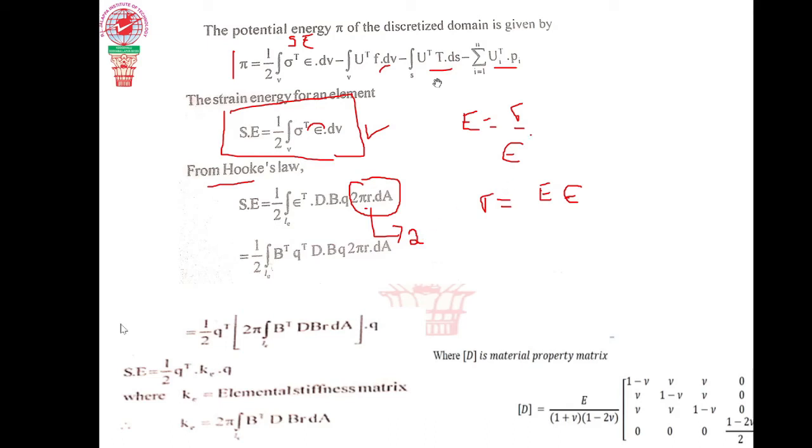What is the cross section area of a circle? Pi d square by 4, or pi r square. But here 2 pi r is there. So what does 2 pi r become?